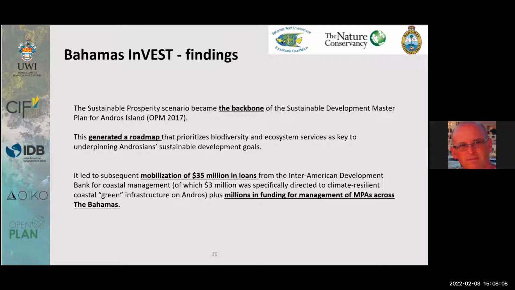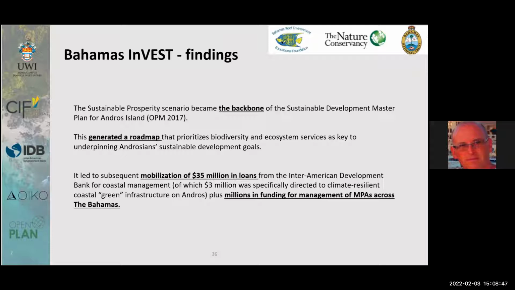And importantly, and probably something which is even more important post-COVID-19, by pursuing this, it led to the mobilization of $35 million in loans on coastal management related activities, $3 million of which was specifically directed to ecosystem-based adaptation, nature-based solution infrastructures, which are now looking to be implemented on the ground on Andros Island.